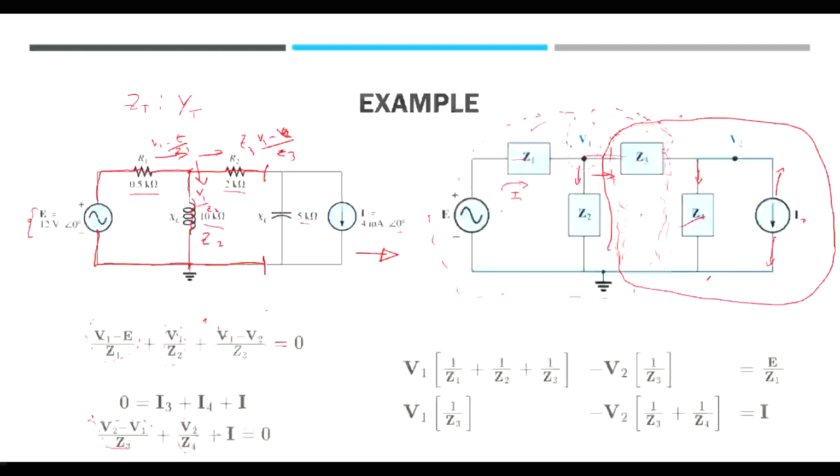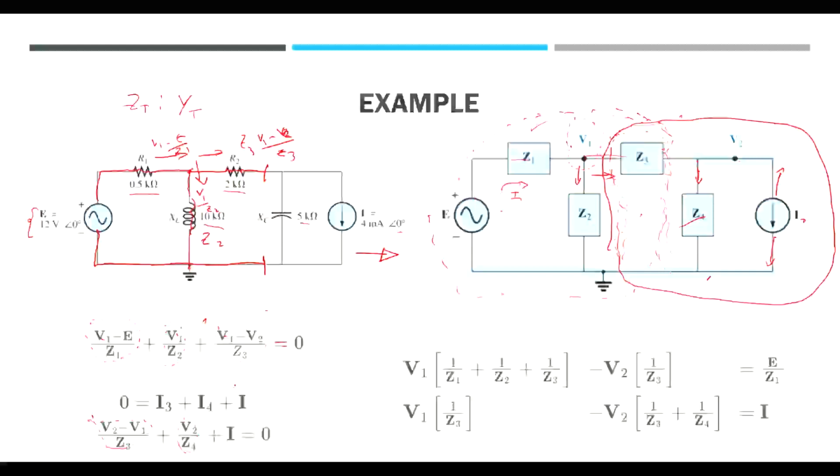And then the bottom equation, we can do V1 divided by Z3, which is what we have here. And we have V2 divided by Z3 and V2 divided by Z4 is right here. And the plus and minus, the positive and negative, is just reorganizing the equations.